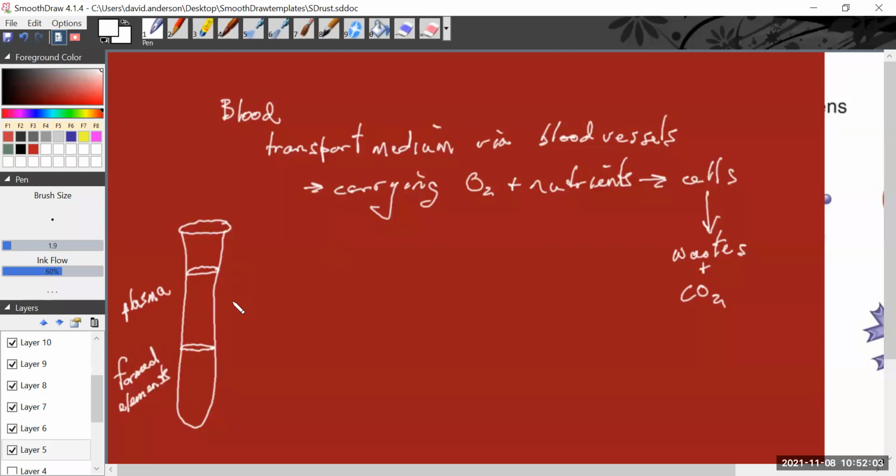The plasma represents a little more than half of the total blood by volume, and the formed elements, which are cells, are a little less than half.